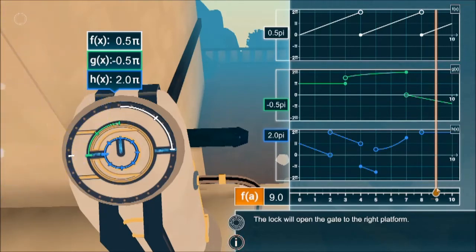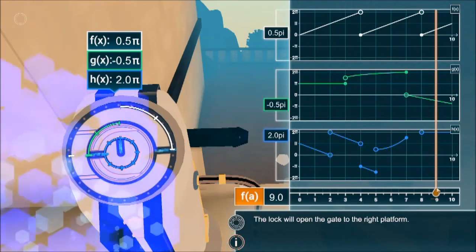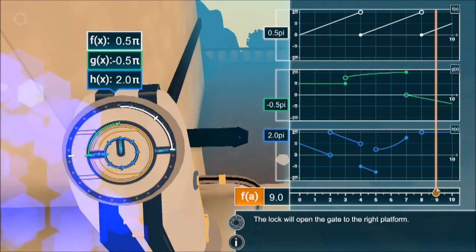Okay. Let's think about this. Negative half pi. Okay. And that becomes 2 pi. Okay, so mathematically, sorry, this may take me a moment.